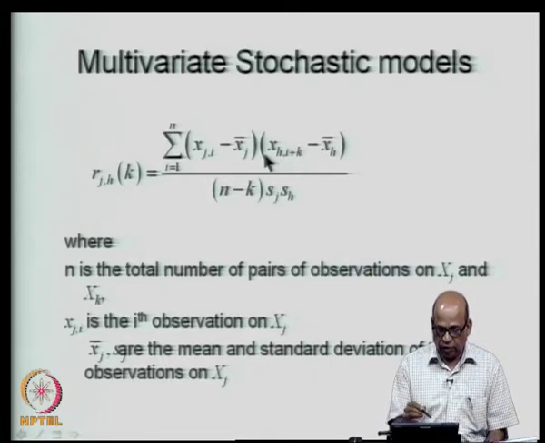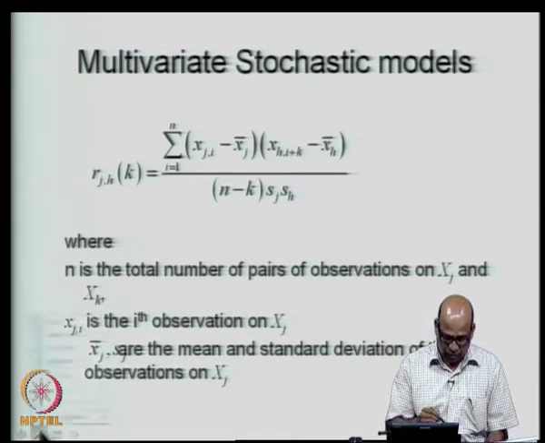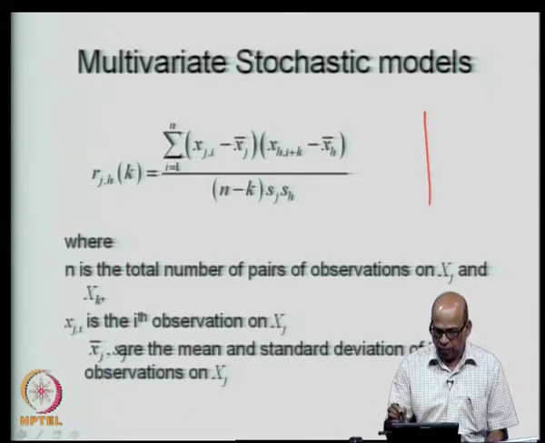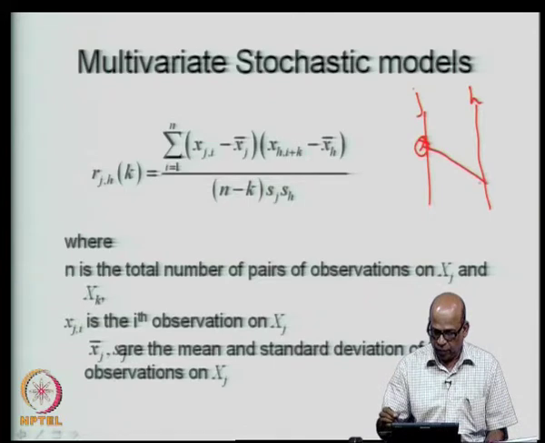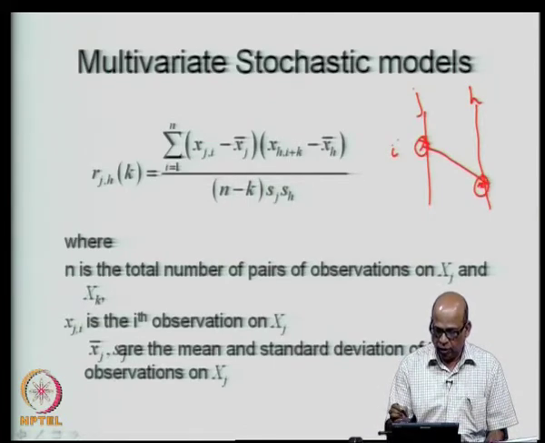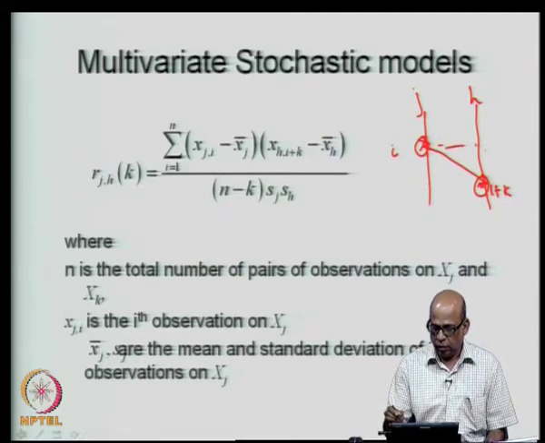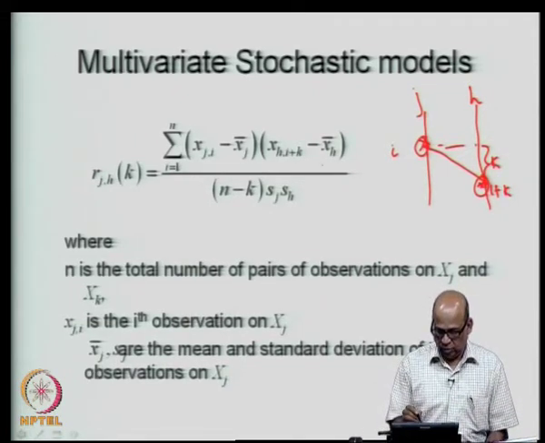Similarly, x h indicates site h, but now we will reckon the time period k time steps ahead. As I showed, you have the site j here and site h here, and if you are at this location, this h i plus k will be here. So, this is i, this is i plus k, and this is k time steps ahead. Okay. So, that is what we do here.